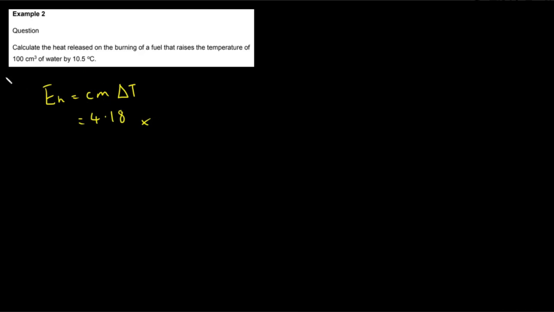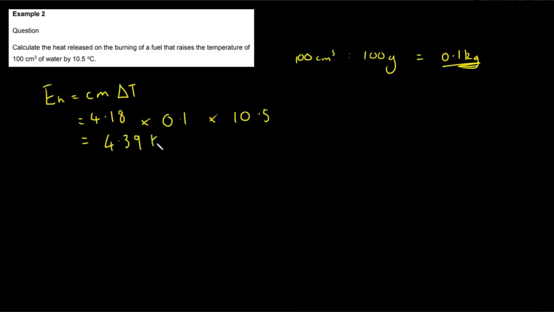The mass of water in this question, well, I've got 100 centimeters cubed, which is the same as 100 grams, which is the same as 0.1 kilograms. So times by 0.1 times by 10.5. 10.5, remember, is the change in temperature. Put all that together and we should get our final answer of 439 kilojoules. Underline the final answer.